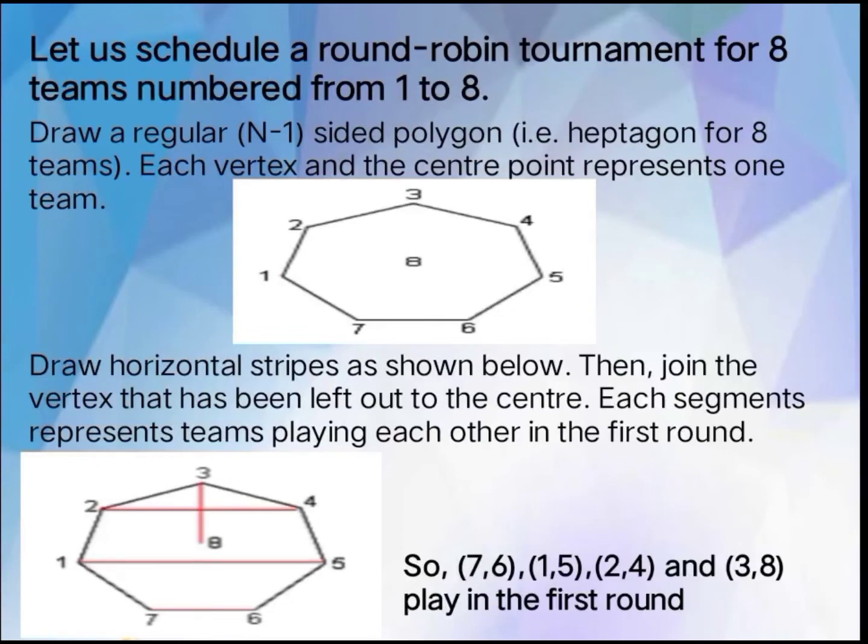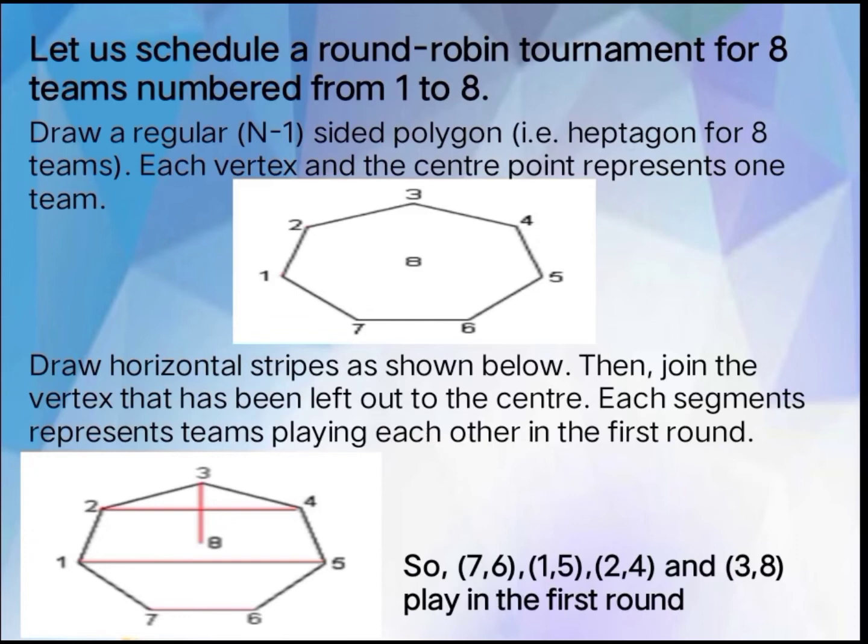Let us schedule a round robin tournament for 8 teams numbered from 1 to 8. Draw a regular n-1 sided polygon, a heptagon for 8 teams. Each vertex and the center point represents one team. So, look at the first picture.